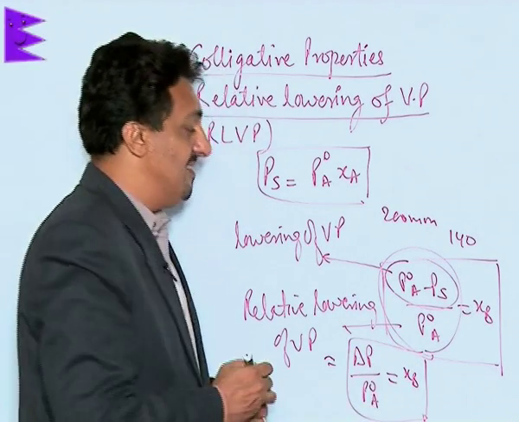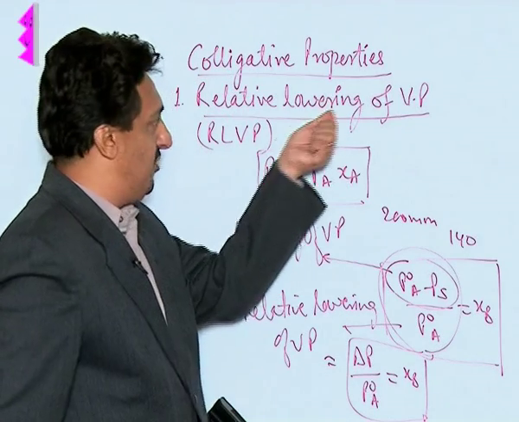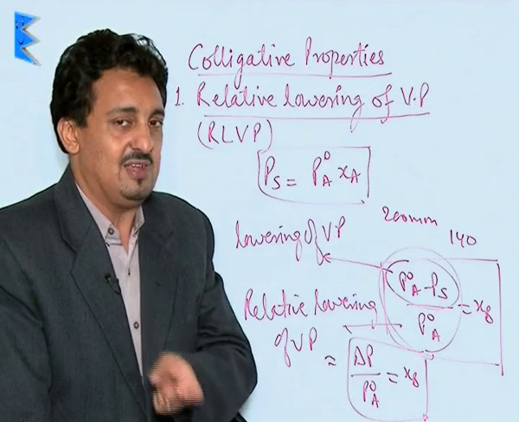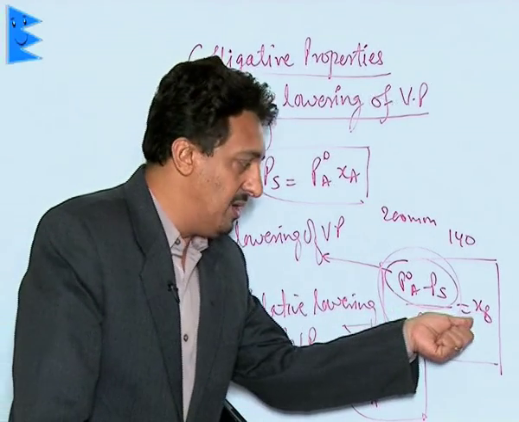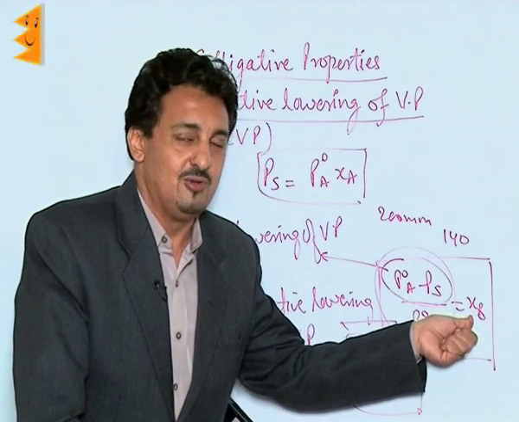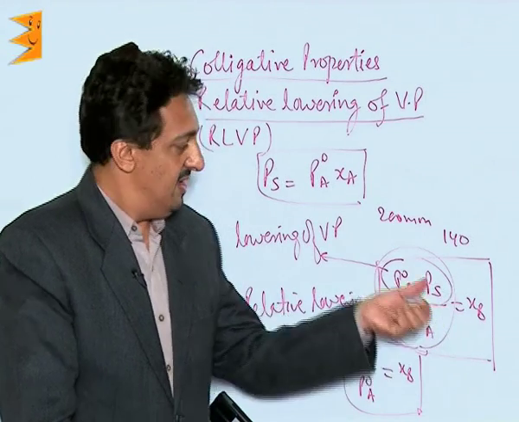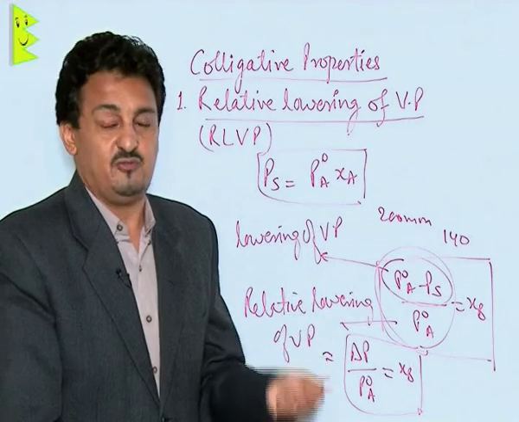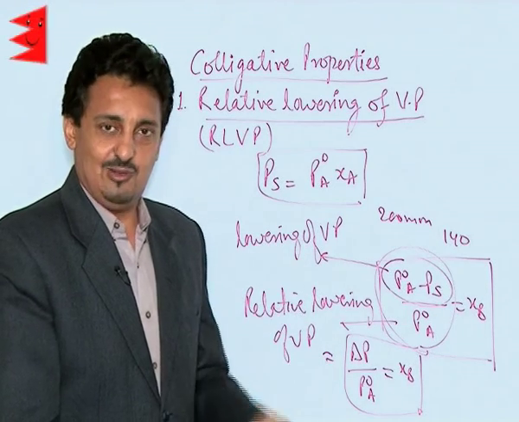So the relative lowering of the vapor pressure of a solution having a non-volatile solute in a volatile solvent is equal to the mole fraction of the solute in the solution. Always this relative lowering will be equal to the mole fraction of the solute in the solution.